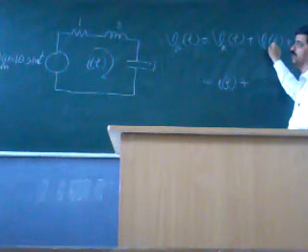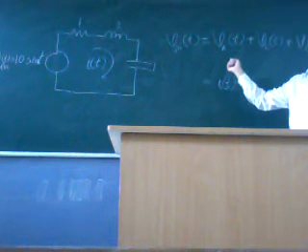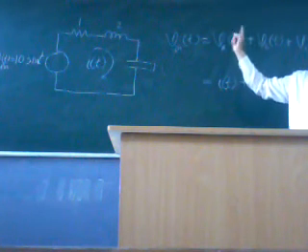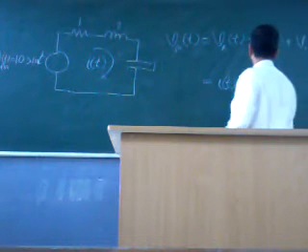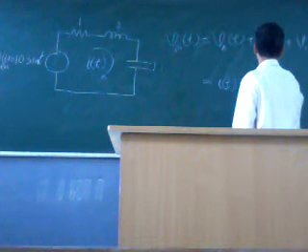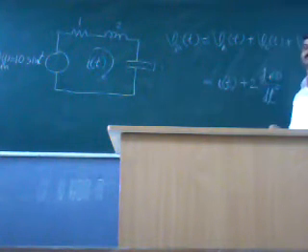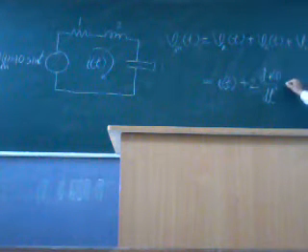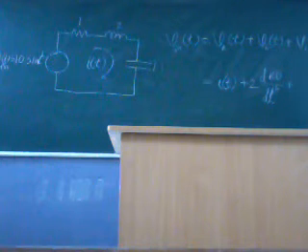i(t) plus what is V_L(t) now? So V_L(t), L di by dt. What is L? 1. Okay, 2. So 2 di(t) upon dt. Right? Plus now, what is this? V_C(t).